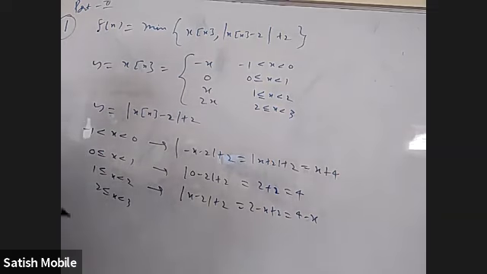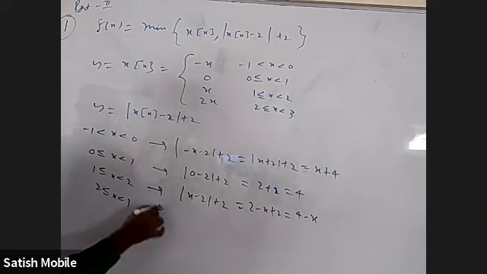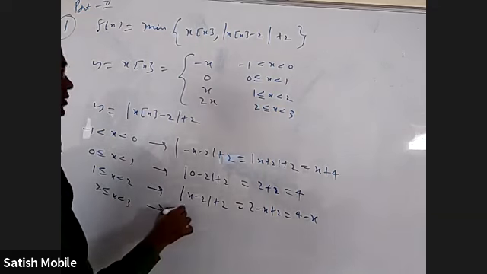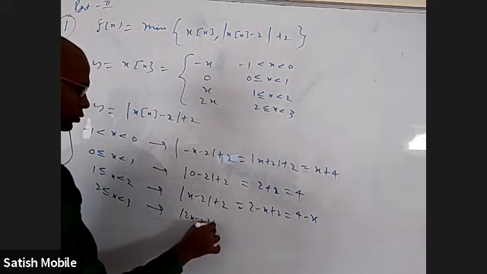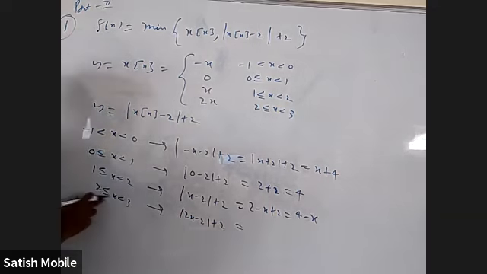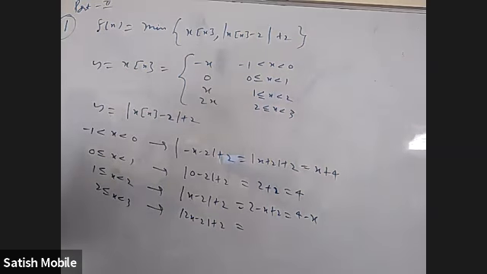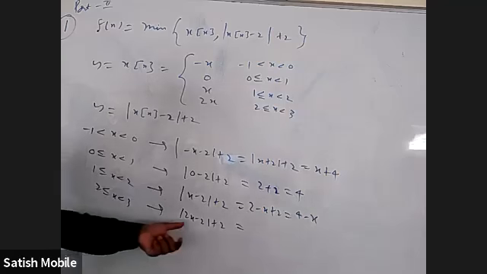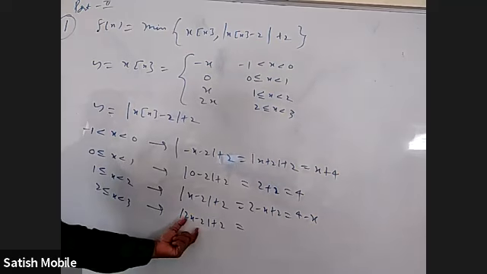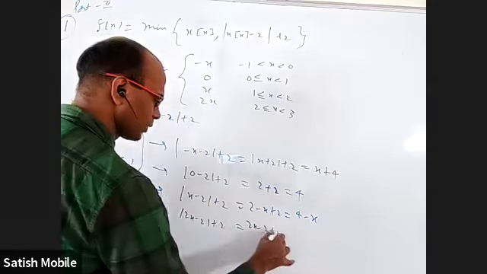Between 2 and 3, it is mod 2x minus 2, plus 2. Between 2 and 3, what happens to this? This is positive because this is 4. Positive, so it will become 2x minus 2 plus 2, which is 2x.